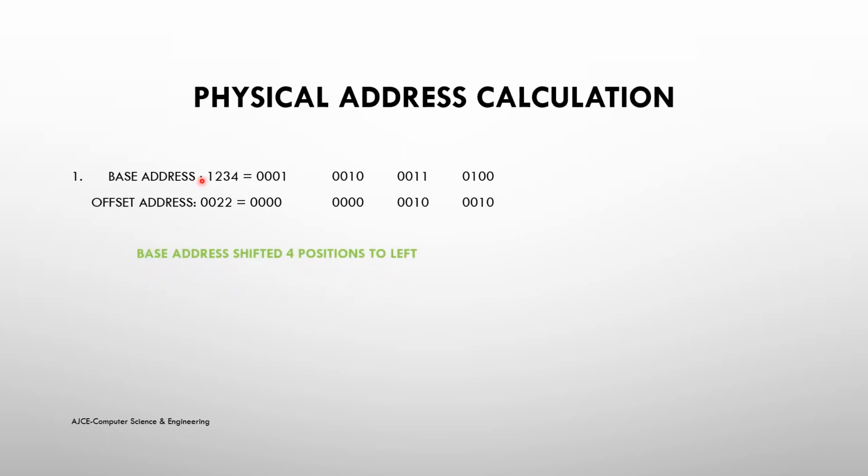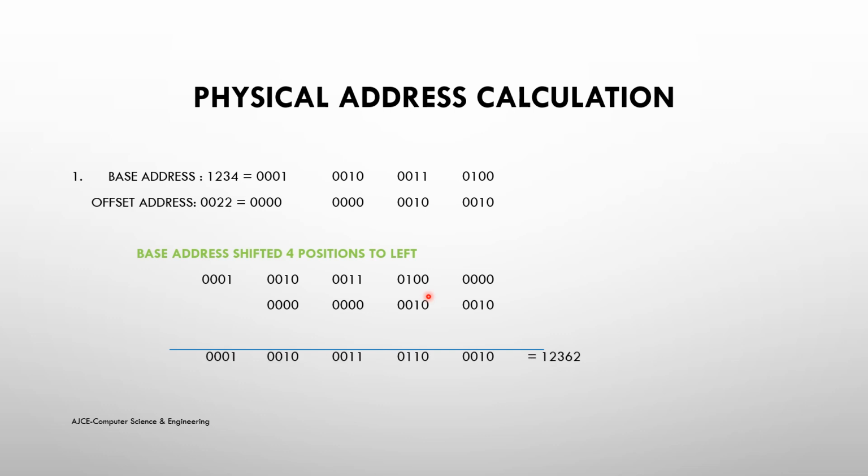Then in order to convert this into a 20-bit physical address, we are shifting 4 positions to the left, or otherwise we can call it appending 4 zeros to the right. Then we are adding the offset address. Finally, we will get the 20-bit physical address, that is 12362.